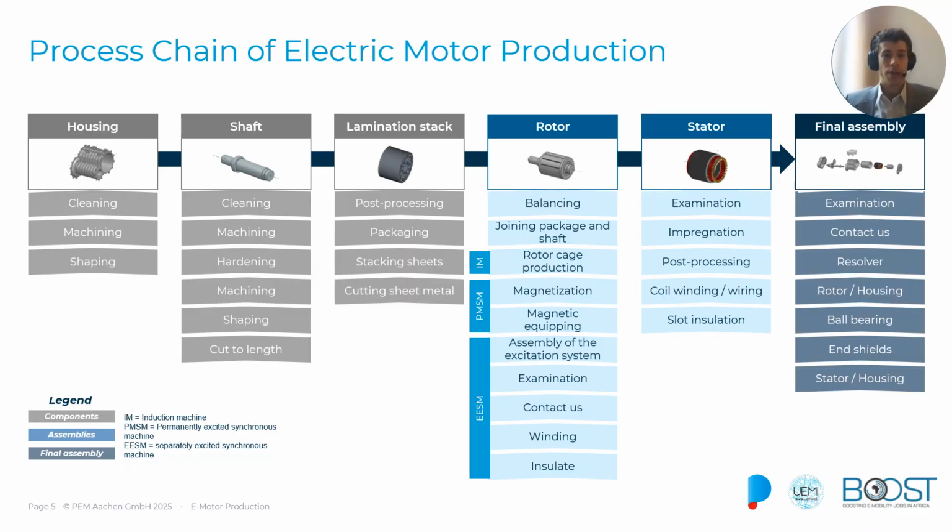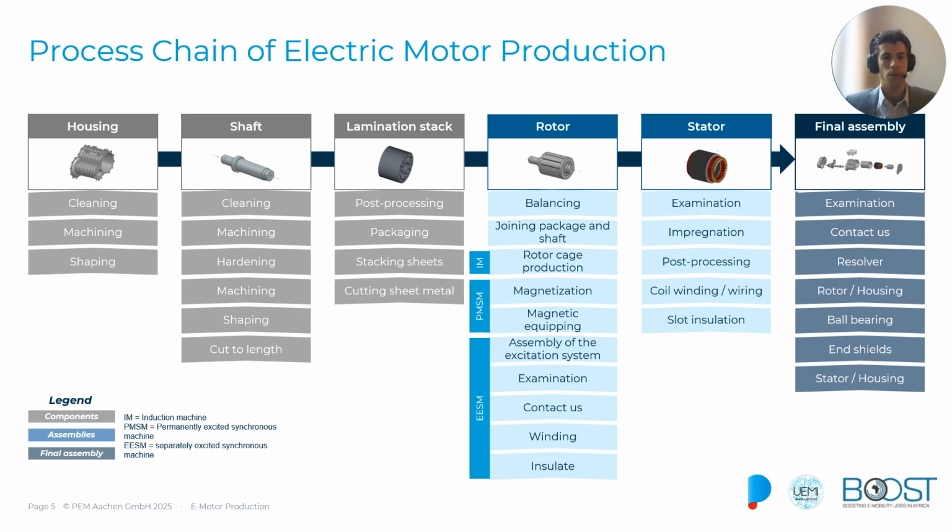If we take a look on the process chain of electric motor production, the rotor and the stator production are the most complex parts in terms of manufacturing. In this module, we will deep dive into the stator production.